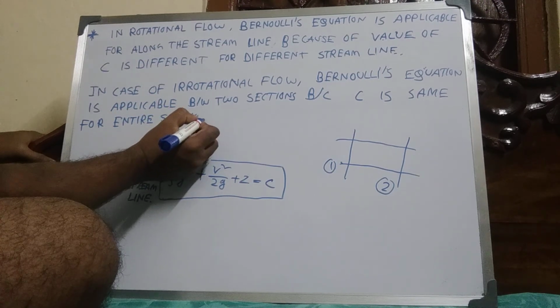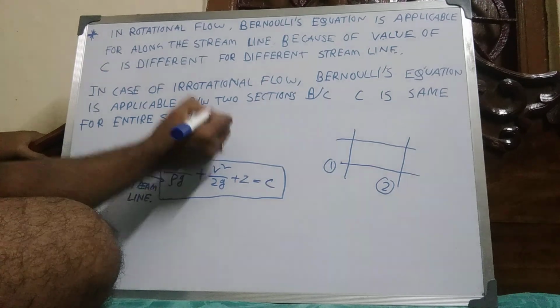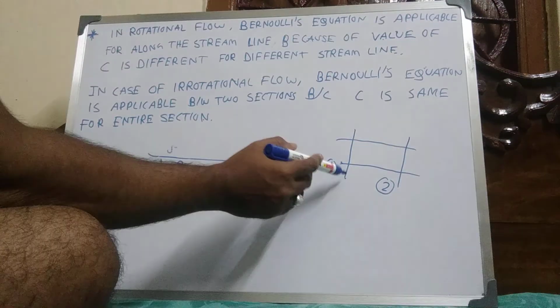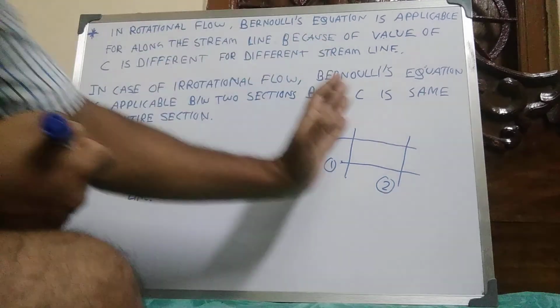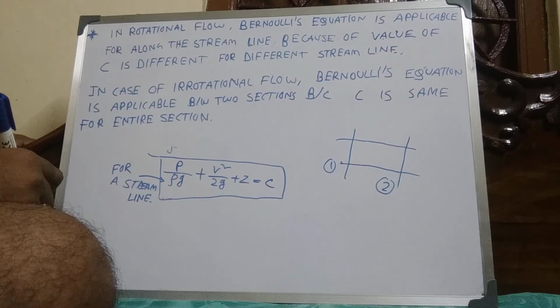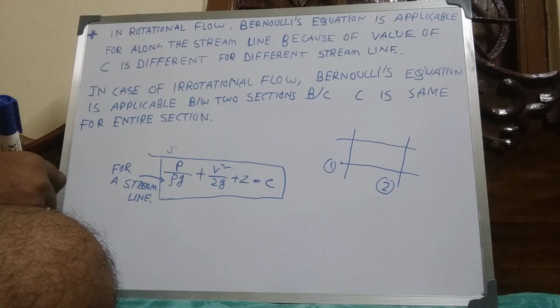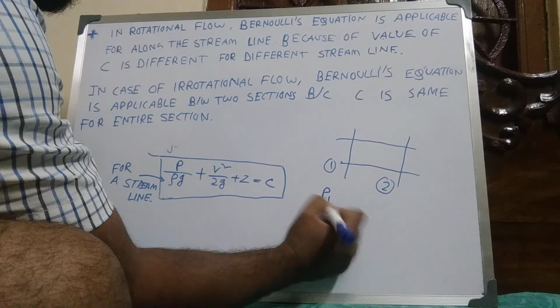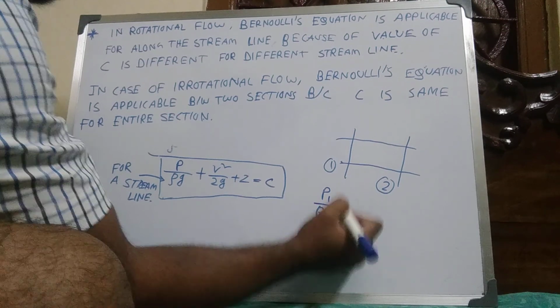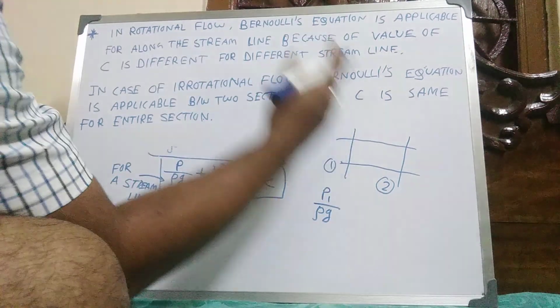So this is section A, this is section B. For section A and section B, the Bernoulli's equation value C is the same for the entire section.